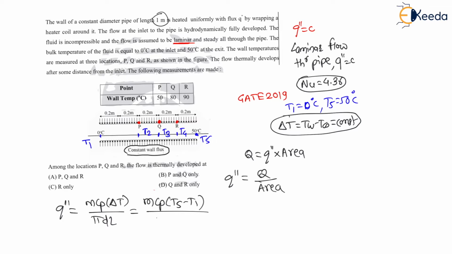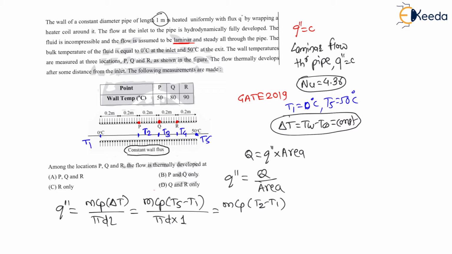Therefore area will be pi d into total length, 1 meter, is equal to, if I consider the temperature difference between 2 and 1, mCp (T2 minus T1). If I consider only 1 to 2, therefore we have to write mCp (T2 minus T1).